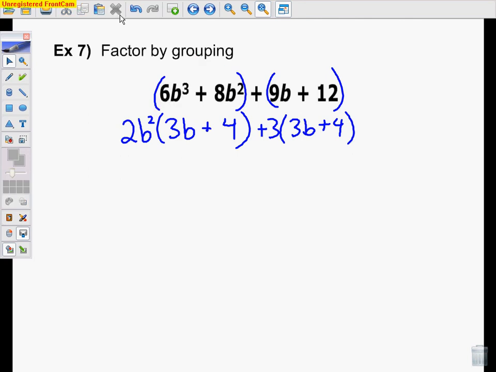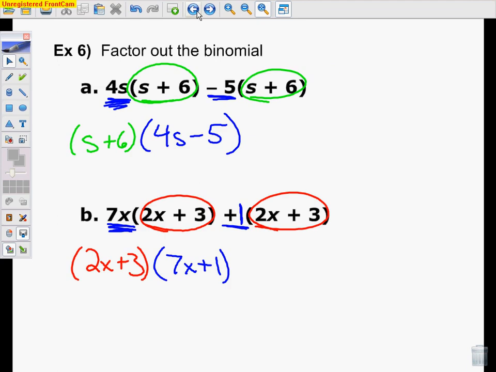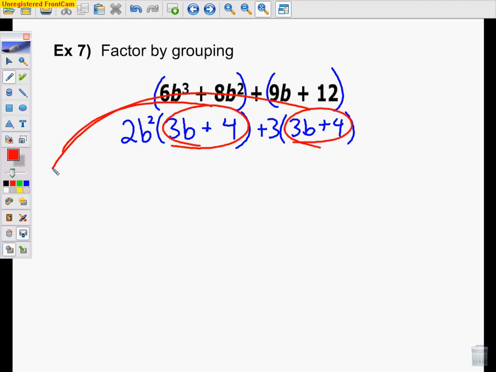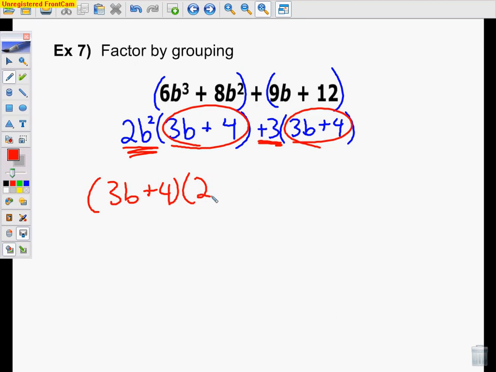Now, this problem actually looks exactly like we had in the previous problems, where you have binomials that are the same in both. So we're going to factor out the 3b plus 4, just like we did in the previous problem. If we factor out the 3b plus 4, what's left over is this 2b squared plus 3.